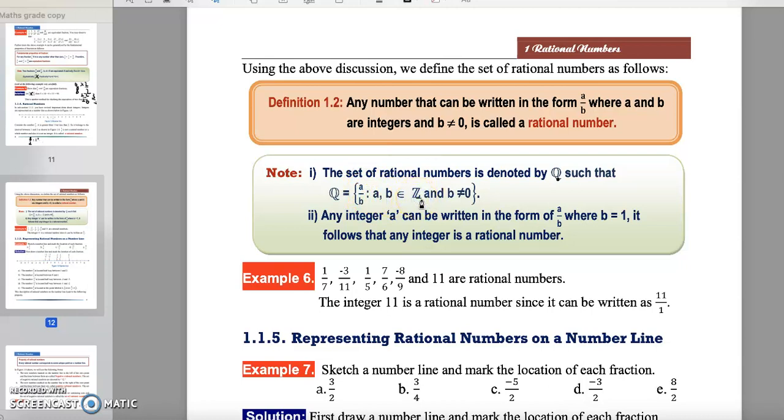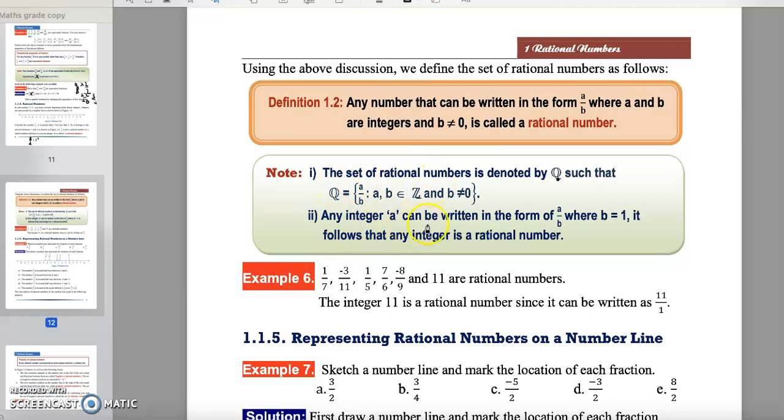So a and b are elements of the integers, and b is not equal to 0, because if b is 0 it makes it undefined, so b can't be 0. So this is a rational number.